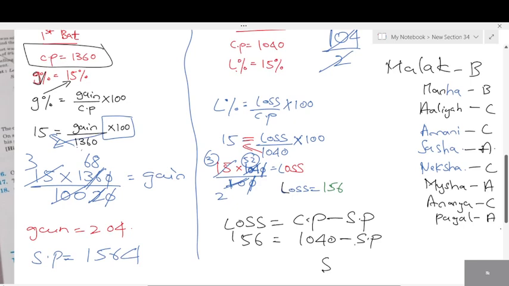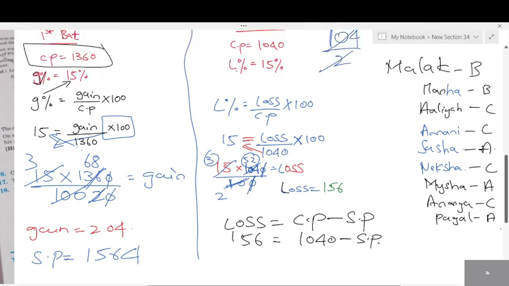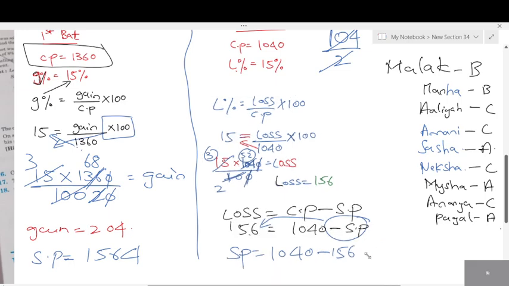Keep it as it is. Selling price is negative or positive? Negative. So do one thing, students. Shift selling price this side and bring 156 to the other side. 1040 minus 156. This clear? All of you understood?